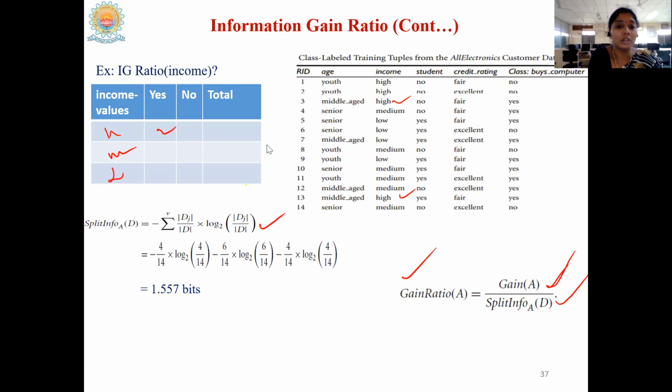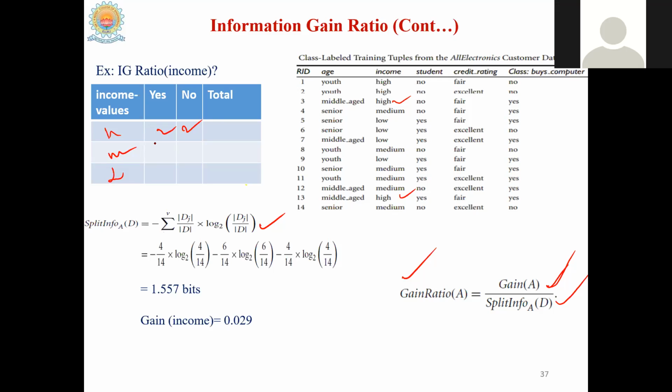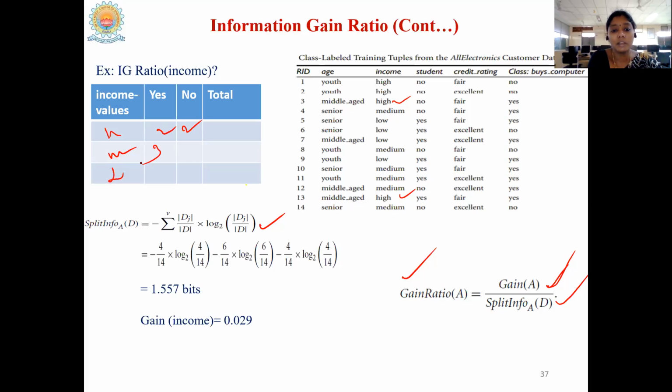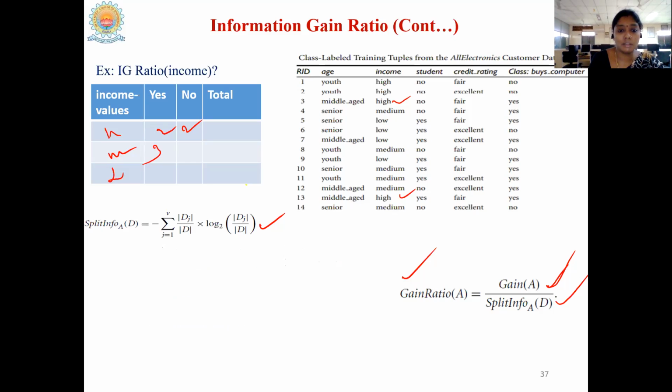Cross-check all the other answers as well, whether they are right or not. Next, coming to medium, how many yes tuples are there? 3. And how many no tuples are there? 2.